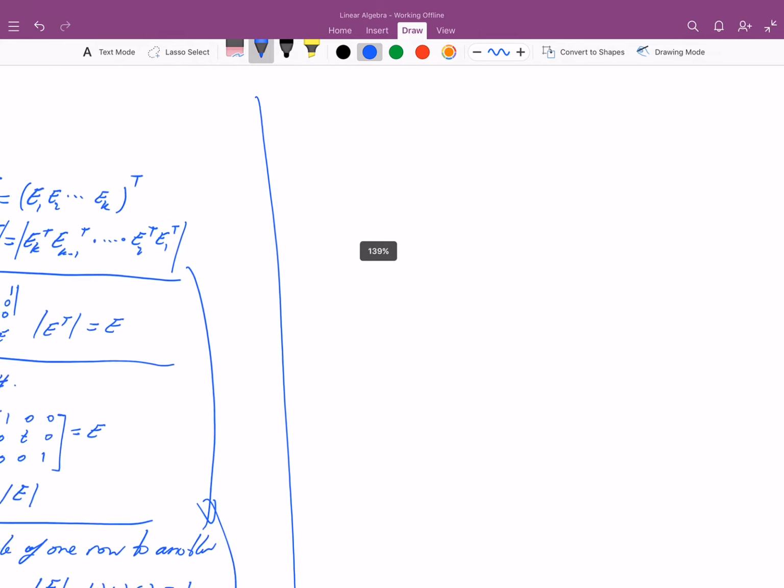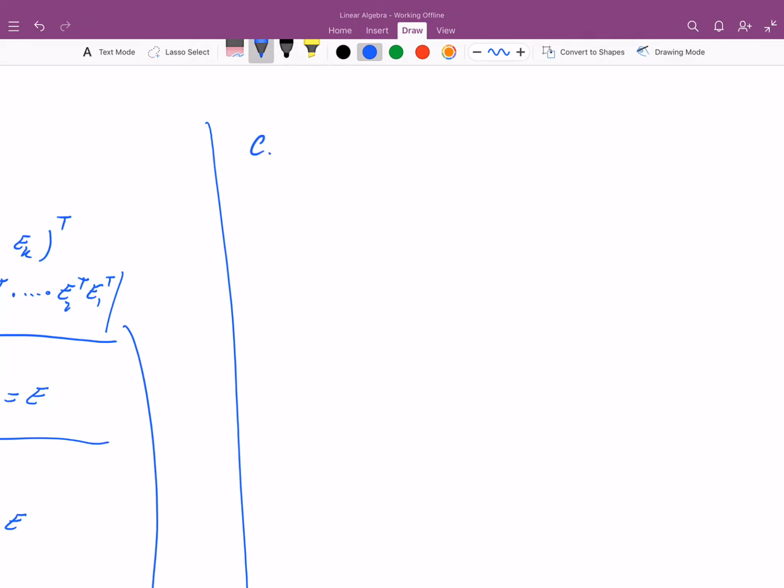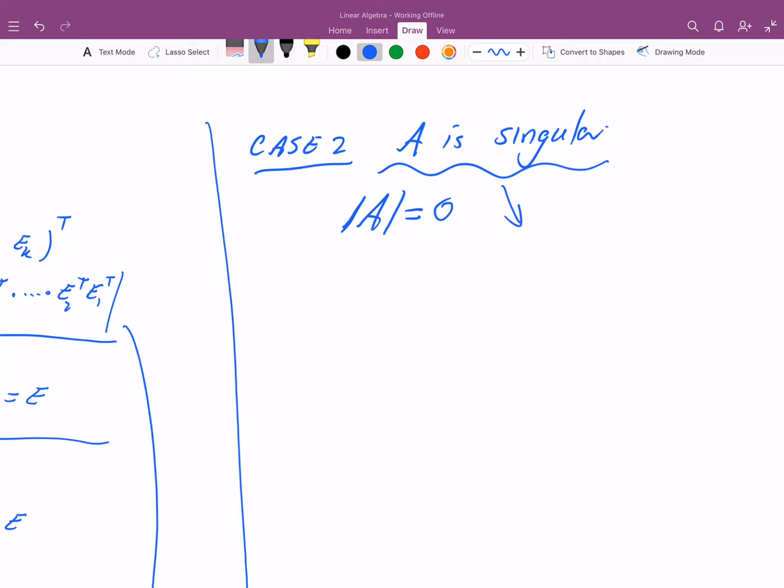Now, let's go to case 2. In case 2, the other possibility is A is singular. If A is singular, then the determinant of A is equal to 0 from one of the properties we proved above. But another thing we know is that if A is singular, then A transpose is singular.